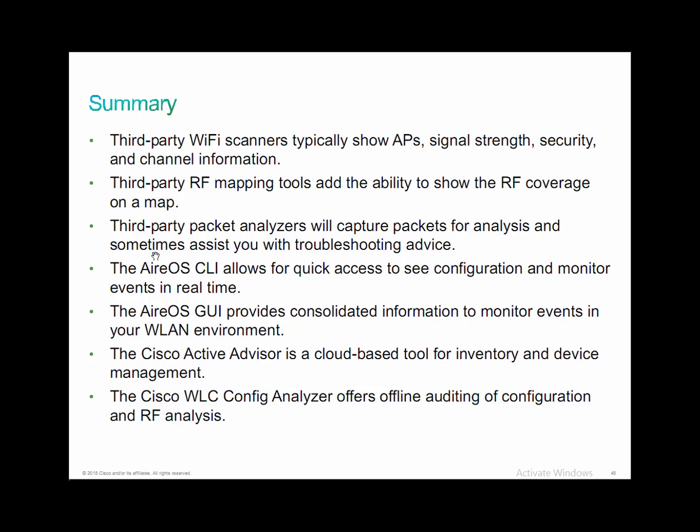I mentioned a lot of command line commands. I didn't give them to you specifically. I didn't type them out. You didn't see them on the slide deck. But I do suggest you either go back and pause the video and go through each of those commands, or just look online on Cisco.com. Cisco always publishes command references for their products, so you will be able to identify those commands.